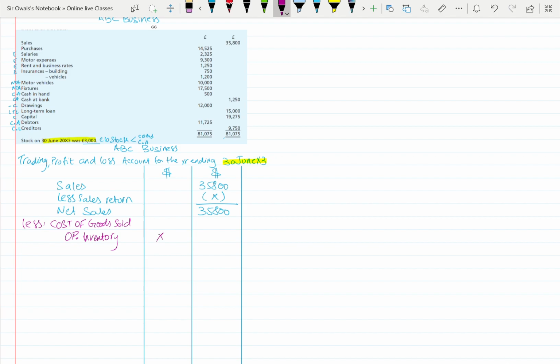Then comes further purchases. If you purchase some more goods to sell, so your purchases are 14,525. Okay. Then comes less closing stock. That is 3,000.